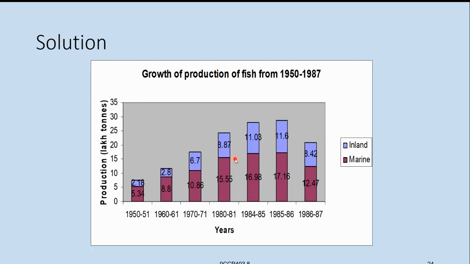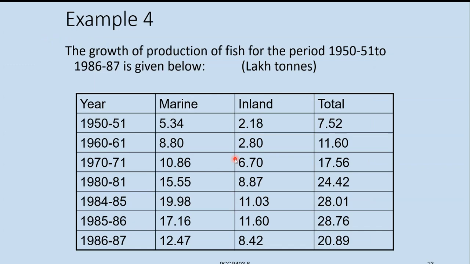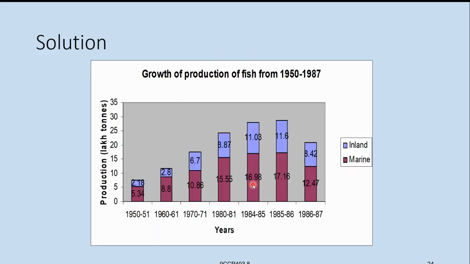In the example, we have some data which is related to year, marine, inland, and total for the production of fish for the period from 50-51 to 86-87, like this. You can understand this data by going through the graph here.